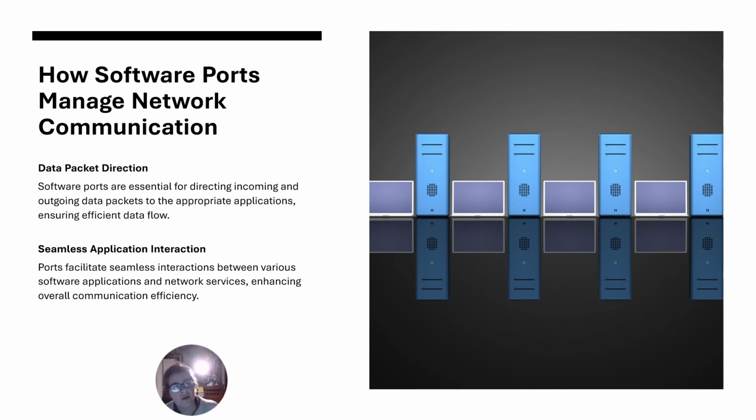So if you've got port 443 for HTTPS and it's going to talk to this application over here, the computer will go, oh, this is an incoming secure website, usually HTTPS, and it's going to something like a database port, something like that.